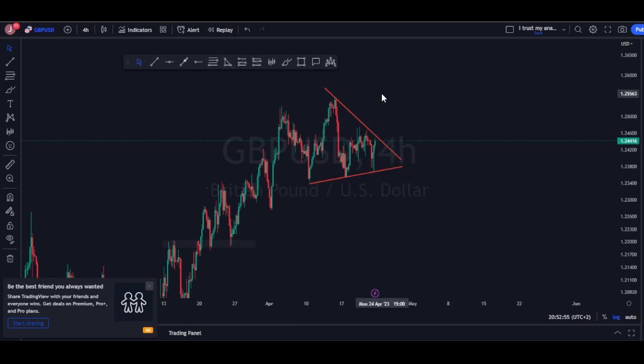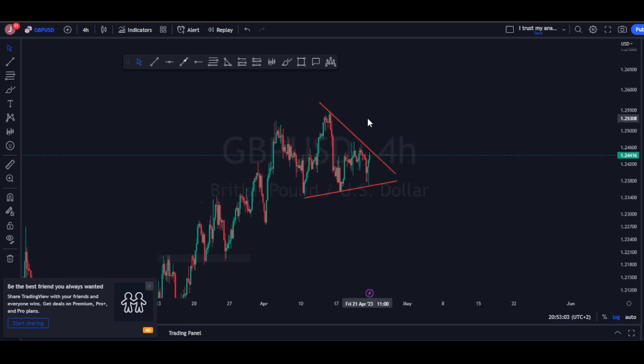And then on the break of this, depending on how it breaks out, look for continuations, or you might just want to wait for price to break that high.